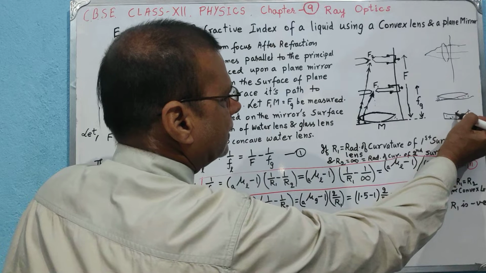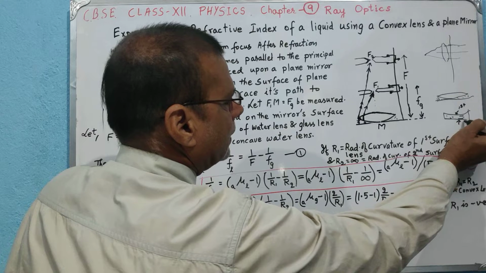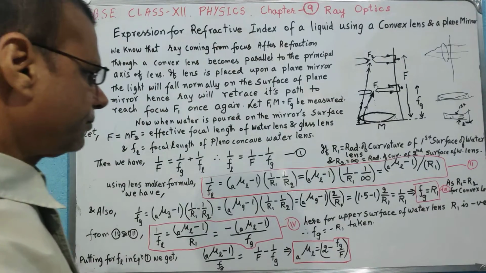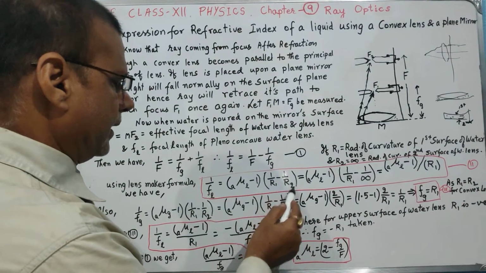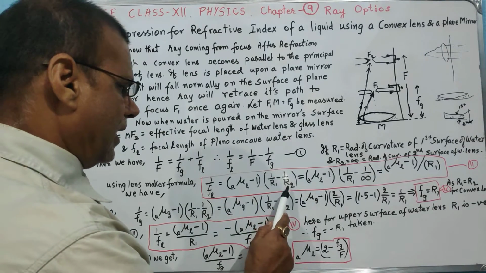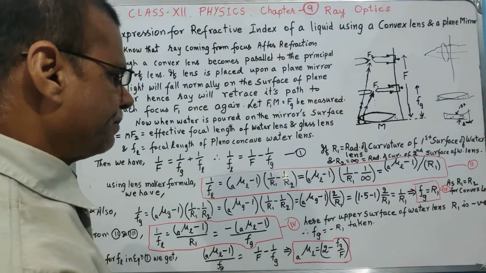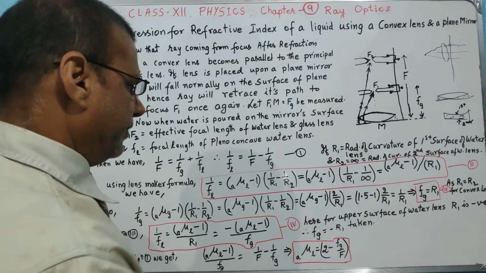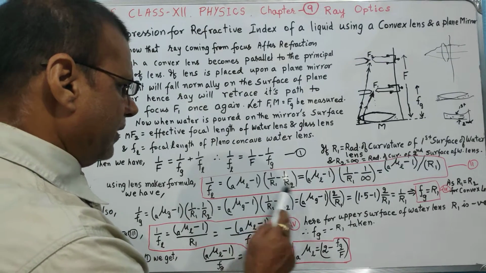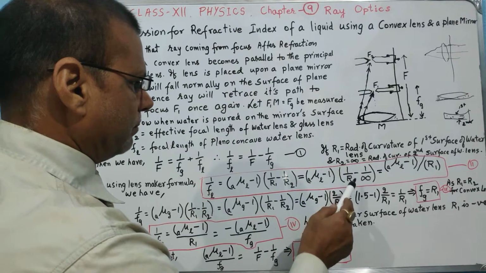This is the first surface, and the other surface, the plane surface, is the second surface. Since it is a flat surface, R2, the radius of curvature of the second surface of the water lens, will be infinity, and therefore 1/fl becomes equal to (mu_LA minus 1) times 1/R1.